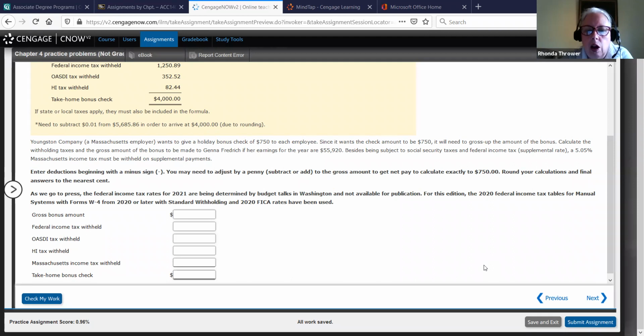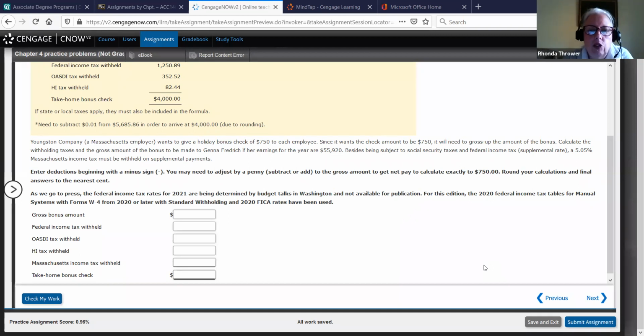We would add all of these individual taxes up to get the total taxes that would be deducted for this problem of $398.55. Those total taxes subtracted from the gross amount will leave you with $750. So that's how we prove it.